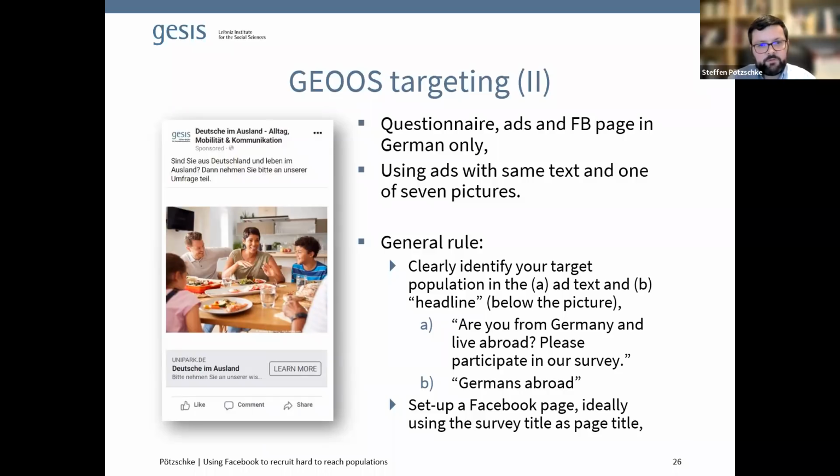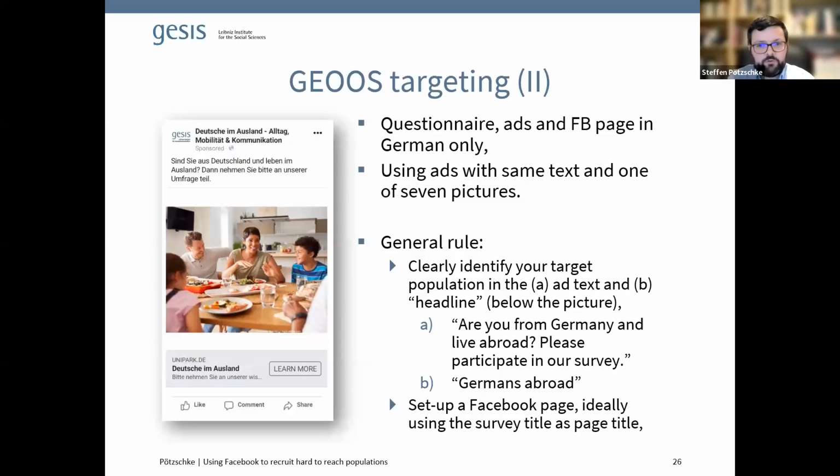And I also want to stress here again, using this example, what I mean when I say you should try to target directly or speak directly to your target population through the elements of advertisement design. You can see here that the short text used in this advertisement very clearly defines the target population of those ads.